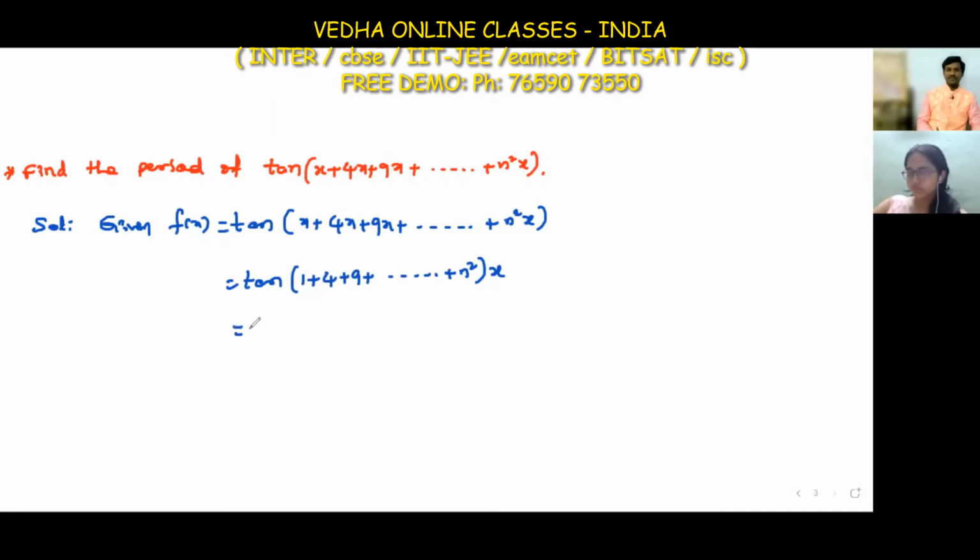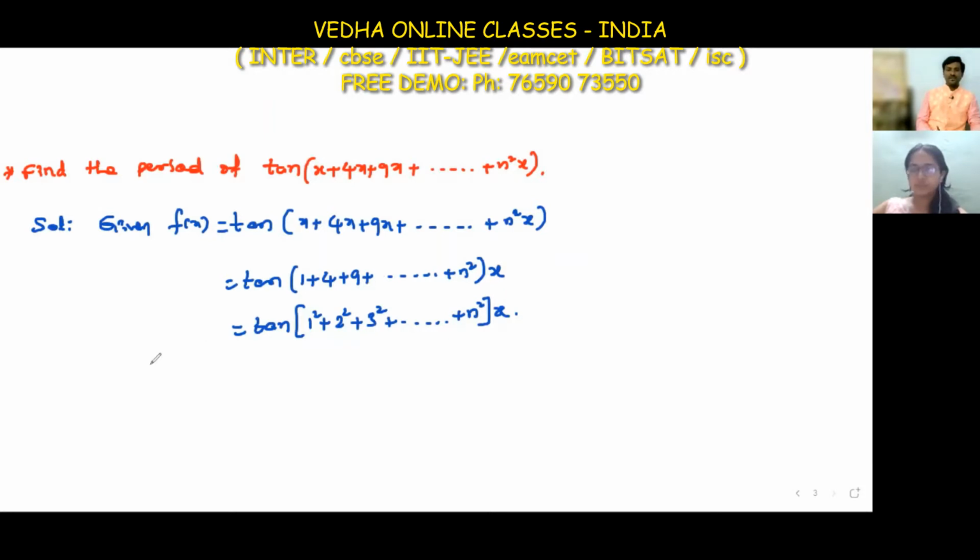Now this is equal to tan of, I am writing 1 as 1 square, 4 as 2 square, 9 as 3 square, and so on plus n square, into x. So this is the sum of squares of the natural numbers.